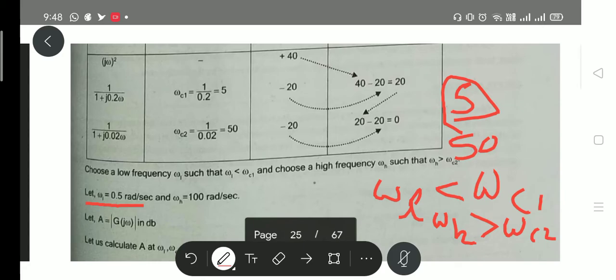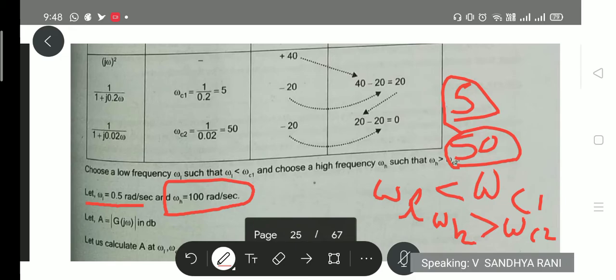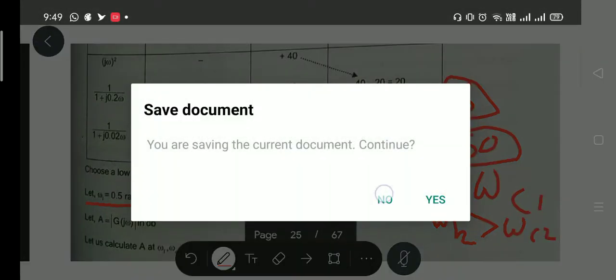Here omega C2 is 50, so greater than 50 you can take any value, 60, 70, any value. I am taking omega h as 100. Not only 100, you can take any value. These are the lower and higher corner frequencies.